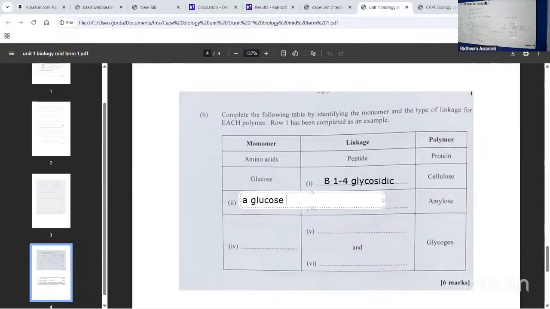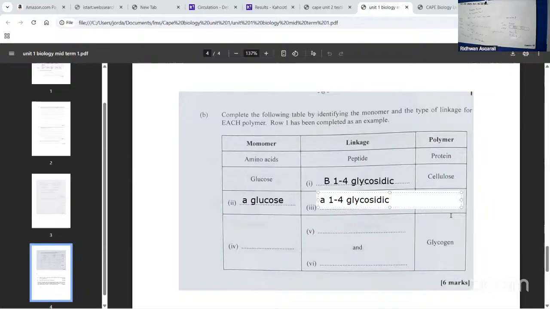And what is the type of linkage? Alpha 1 to 4, right? Or do you want 1 to 6? No, so we'll have alpha 1 to 4. Again, it is a glycosidic bond. So you'll have to know these bonds.